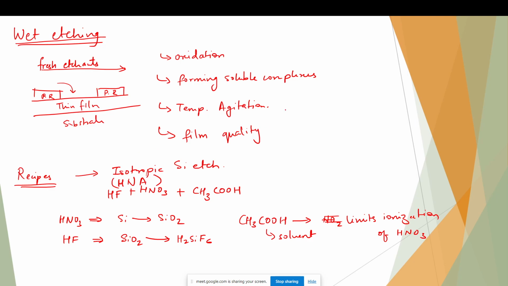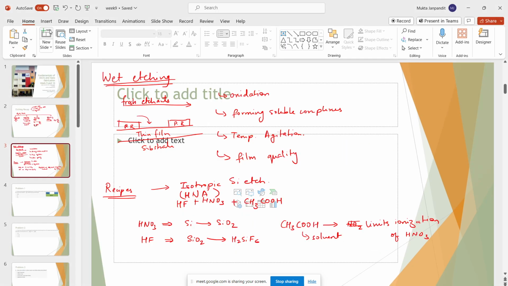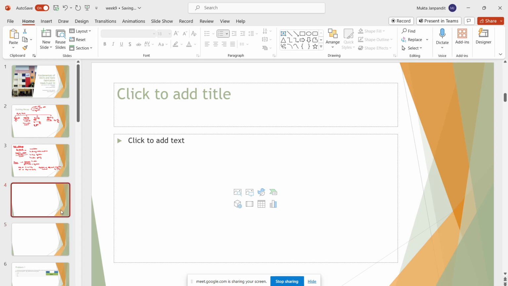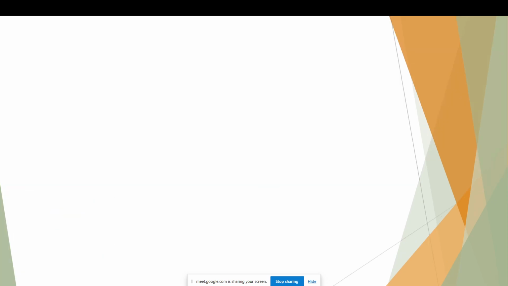Some of the recipes that we have studied are KOH etching. KOH etching is basically just putting the sample in KOH and IPA, and there is some temperature requirement also.